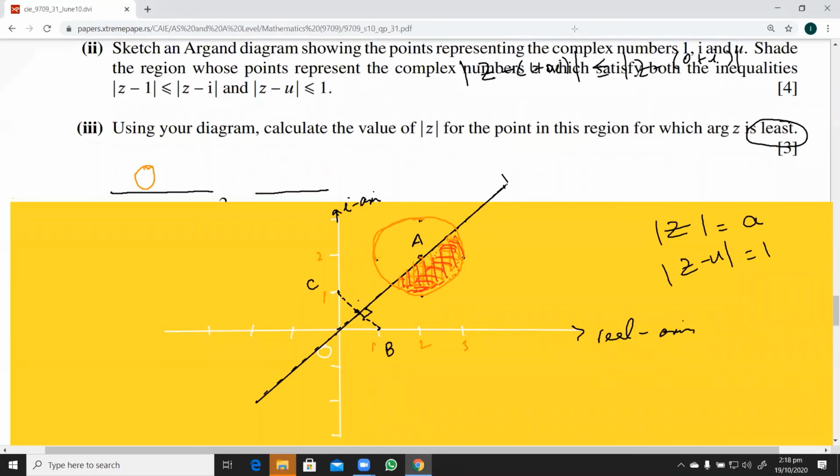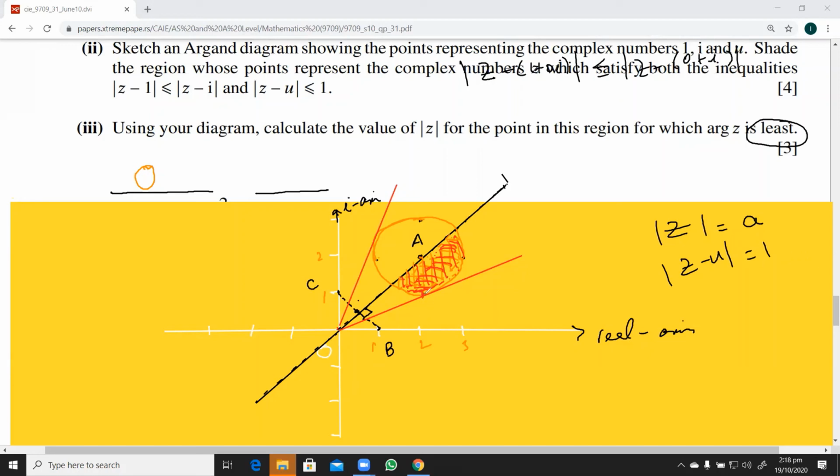You see, one is if I draw the tangent like this. Other is if I draw the tangent like this. Okay, so you see that it is passing through this point 2 comma 1. Okay, so this is the point where the argument is least.